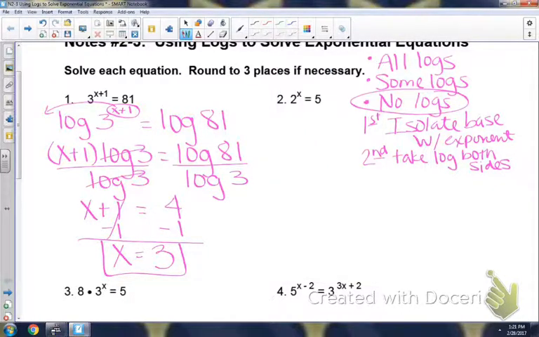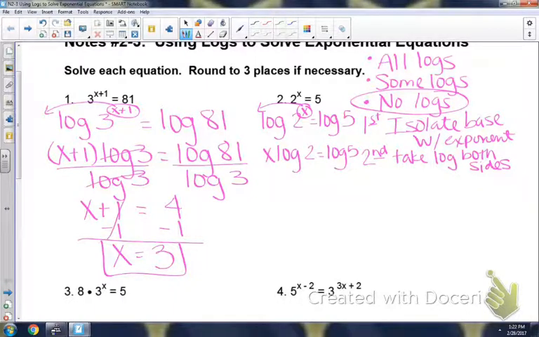Alright, so let's take a look at the second example. So first step is to isolate the base with the exponent. Notice it's already isolated, it's already by itself. So my next step, or my first step, will be to take the log of both sides. So I'm going to take the log of 2 to the x and take the log of 5. Okay, so the reason I'm taking the log of both sides is so that way I can make that exponent a coefficient. So you should have x log of 2 equals log of 5.